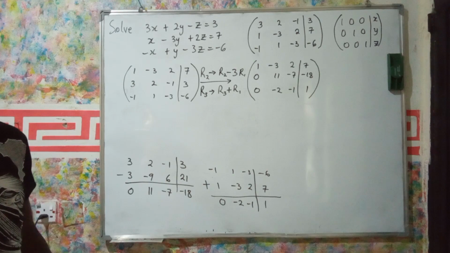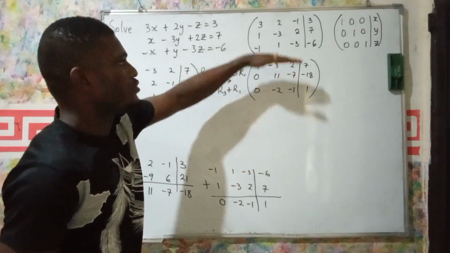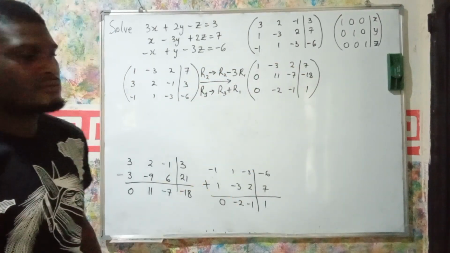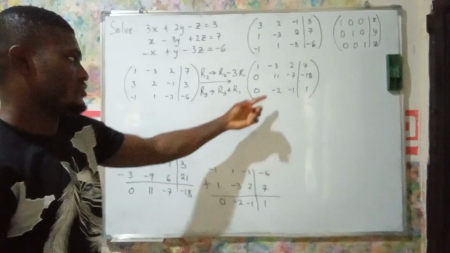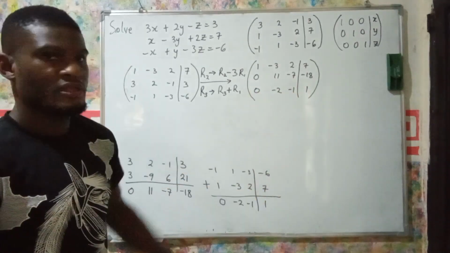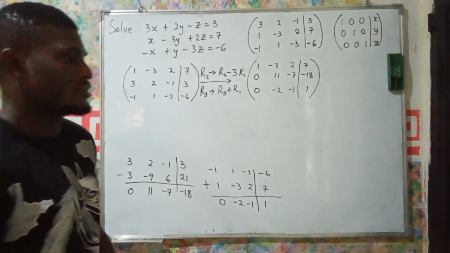Or, to make it easy, you can move the third row to the second row so that you can have fractions that are easy to work with. Because if you divide everything here by minus 2, you get less of a messy fraction. All right, so let's do that.